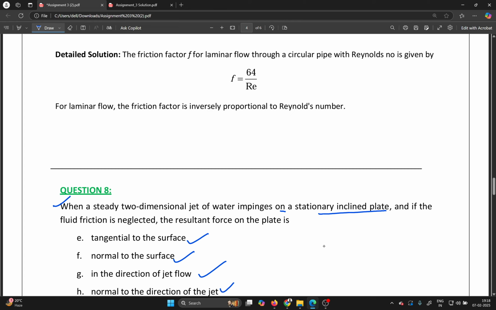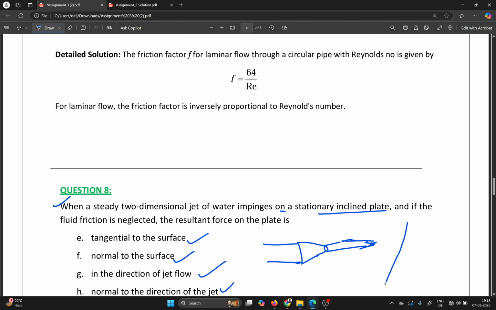So the question is a two-dimensional jet of water. Let us suppose a water jet is like that, and it strikes an inclined plane.